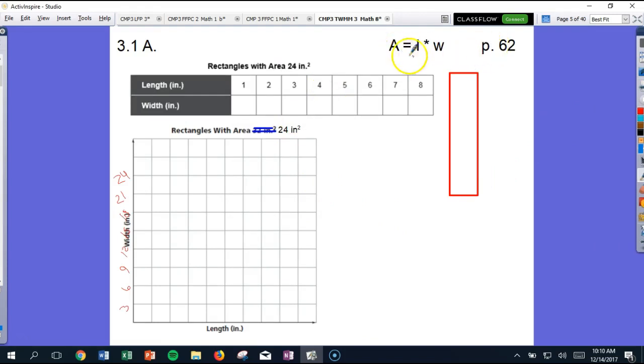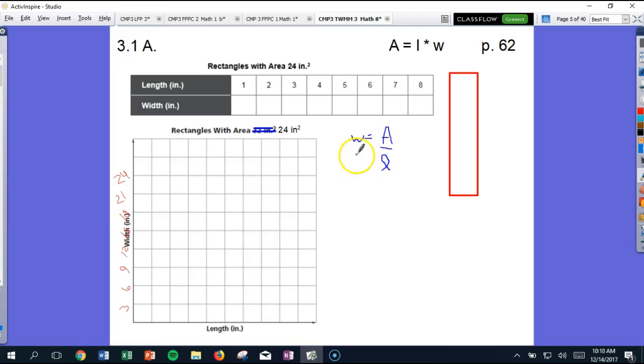So 3.1a on page 62. Remember, area equals length times width, and we want to find rectangles with an area of 24 square inches. Our length is already determined for us. This is our independent variable, and width is going to be our dependent variable. If we rewrite this, we have width equals our area divided by length.